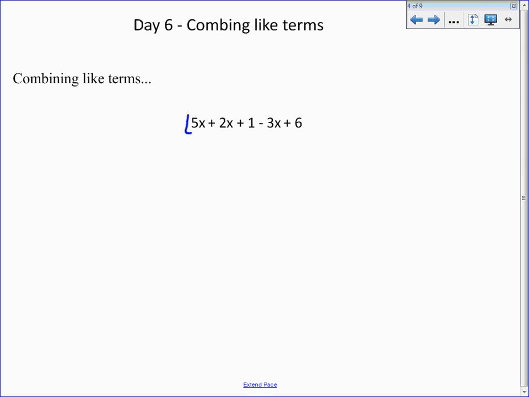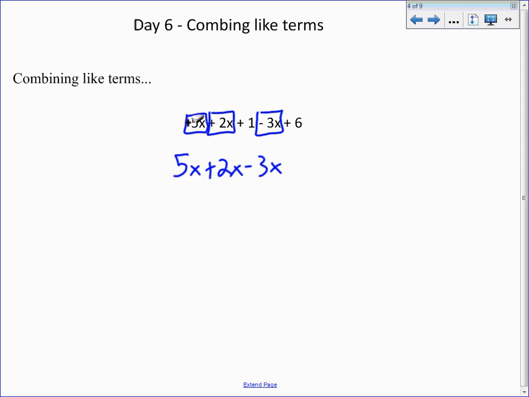If we look at 5x, 2x, and minus 3x, those all have the same variables, so we can combine them. Notice that I took the sign out in front of them. In this one, there is no sign, but we do know it's positive. And so we have a 5x plus a 2x minus a 3x. So we're going to combine all those together.